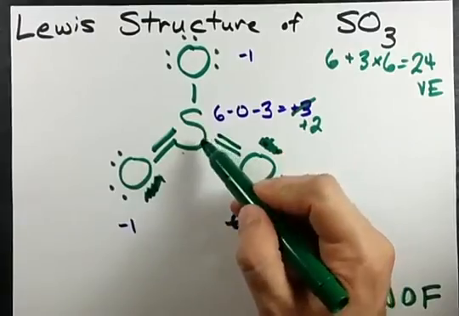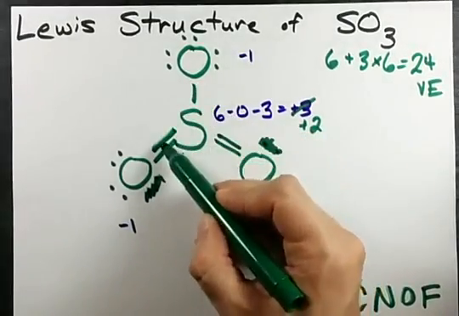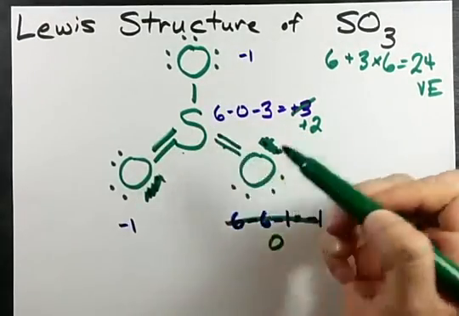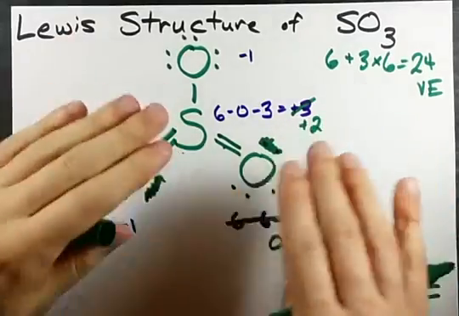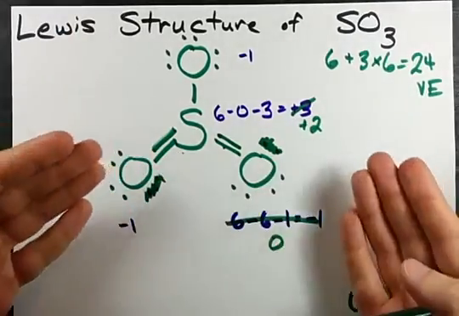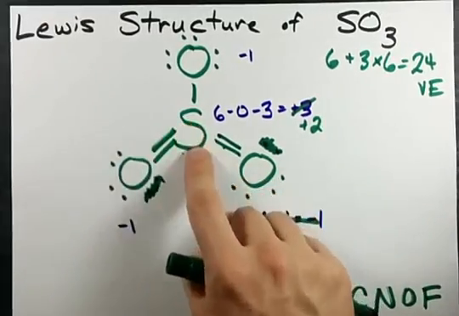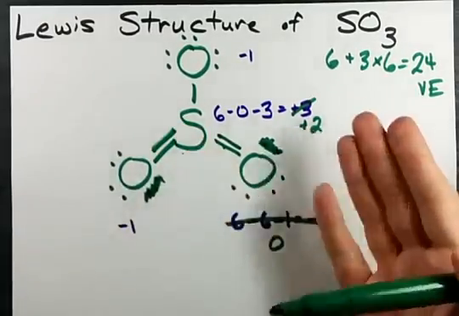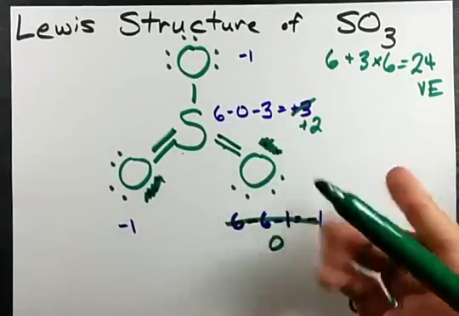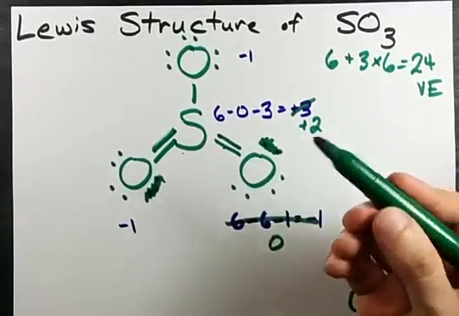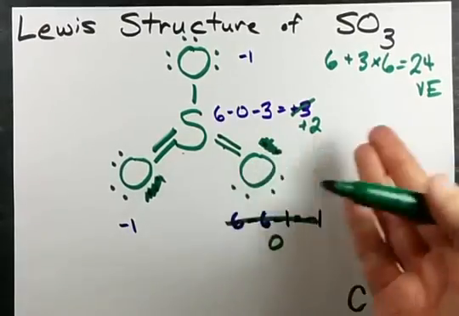This sulfur now has 2, 4, 6, 8, 10 electrons around it. Violates the octet rule. That's right, because sulfur does violate the octet rule. It's a complicated reason, but let me just say it's in the 3rd period, the 3rd row of the periodic table, and the octet rule just doesn't hold up there.